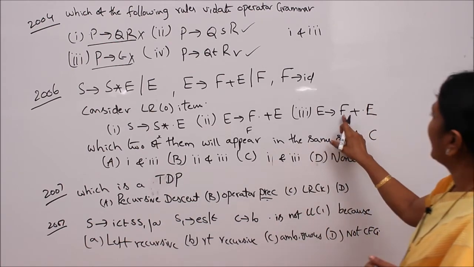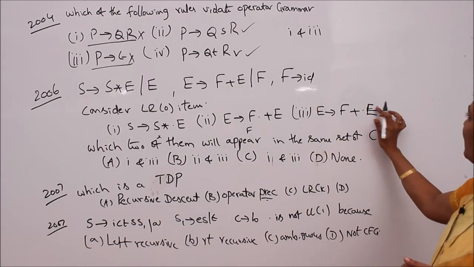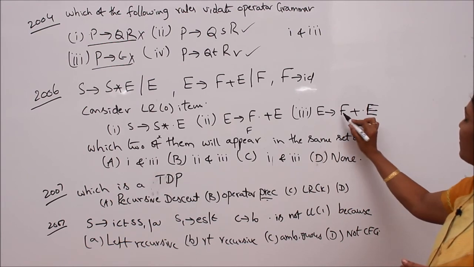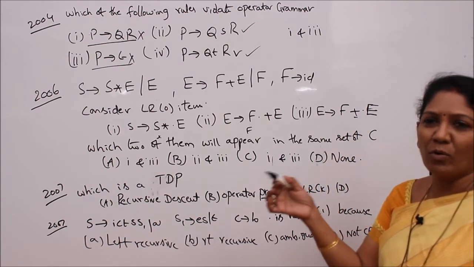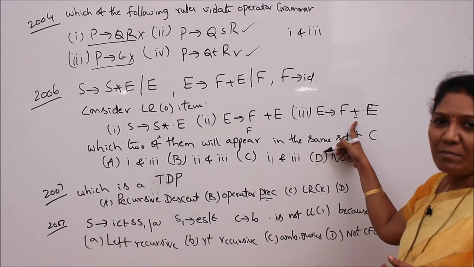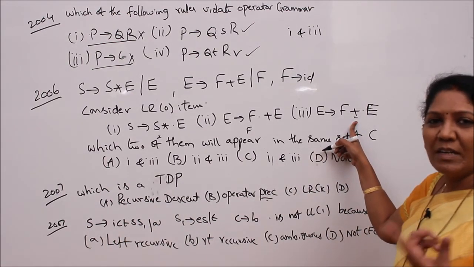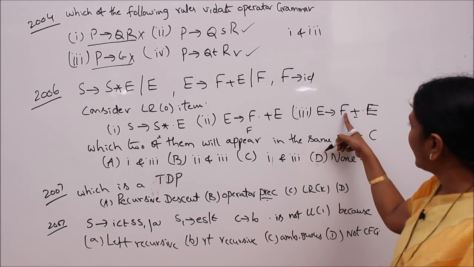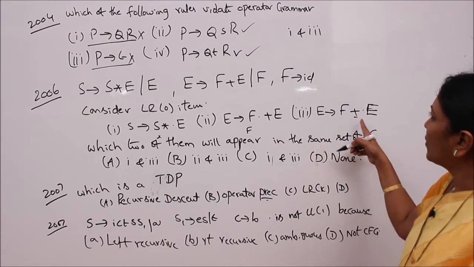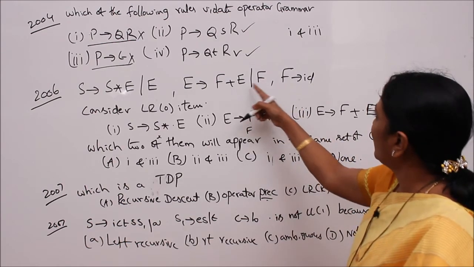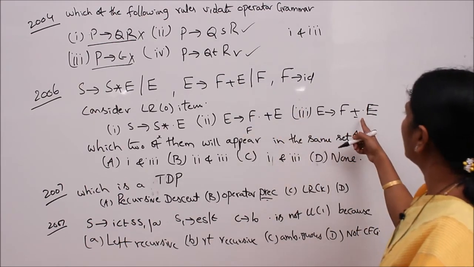And if you look at F plus dot E, when do you get this item F plus dot E? If you perform the goto of the state on input symbol plus. On seeing input symbol plus only, the dot that was there earlier may be moved here. So if you consider the transition on plus also, it matches only with this.